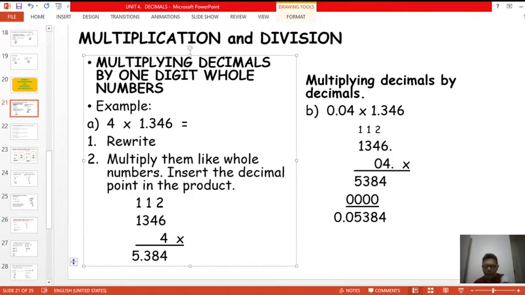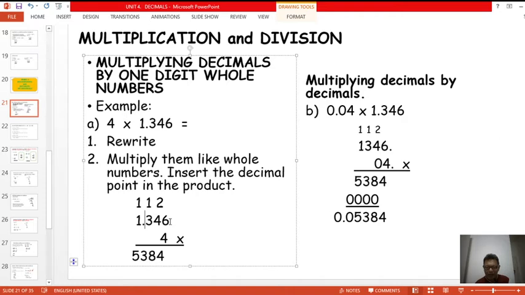So actually there's no decimal there, right? Remember? But then after you get the product, put back your decimal place. So you put it back, and of course you get your decimal place there. So how many decimal places do we get here?